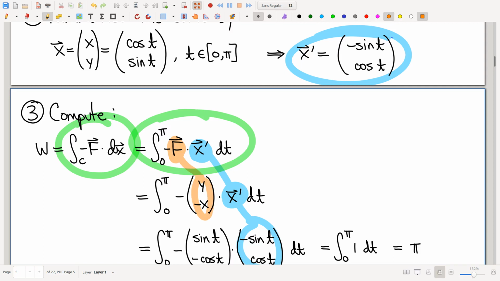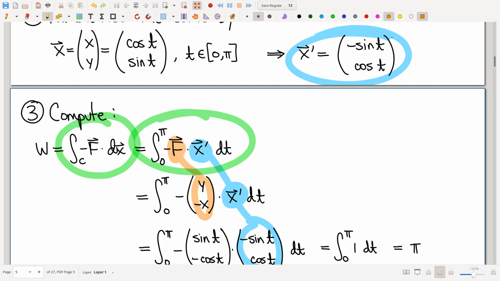Now, don't make the mistake, please, of double counting your minus, right? So this minus that we already have in there, this minus right here, that's from the sort of equal and opposite part of the question, right? Don't equal and opposite a minus sign again by rewriting f itself.